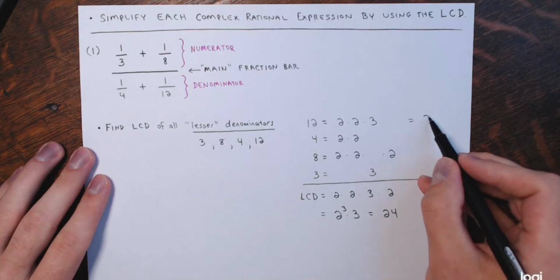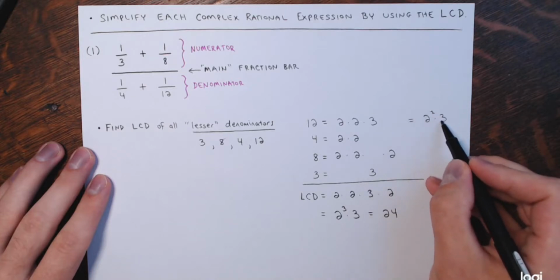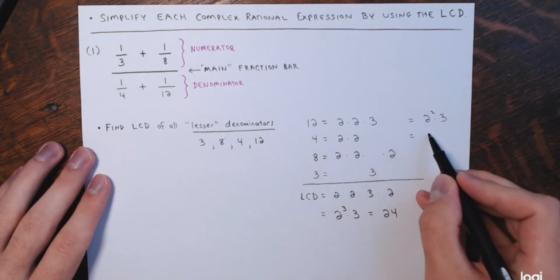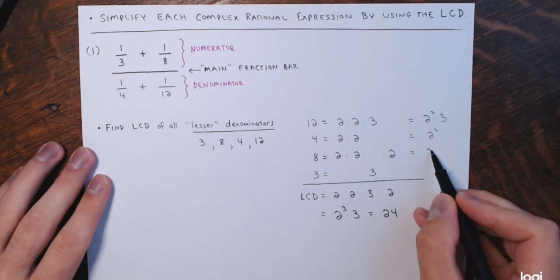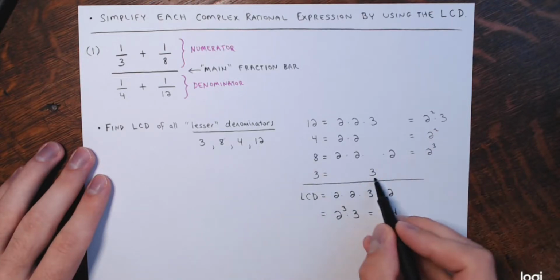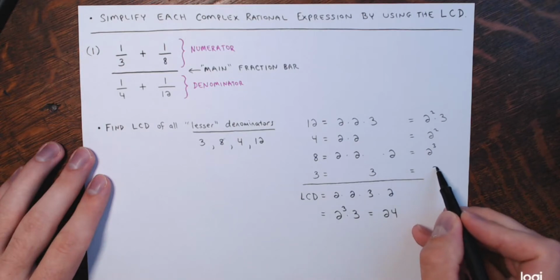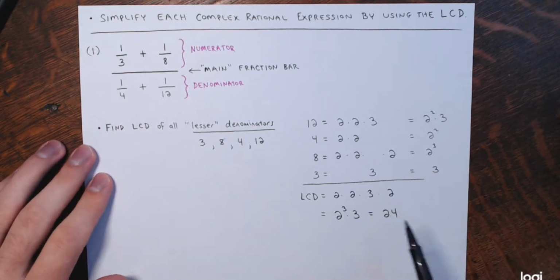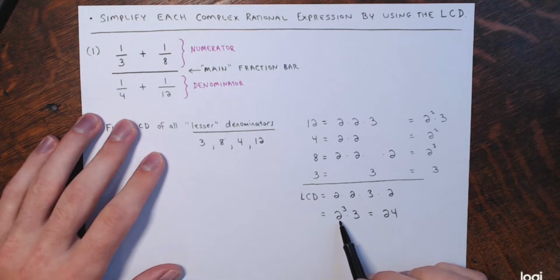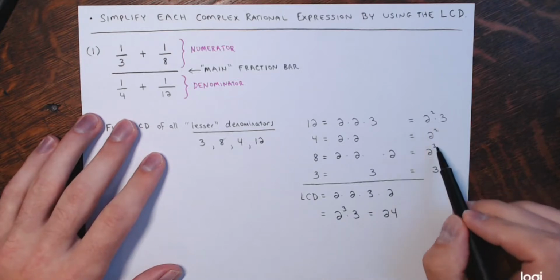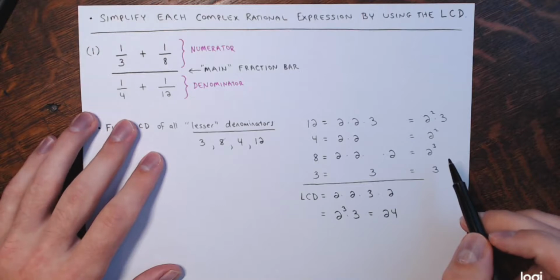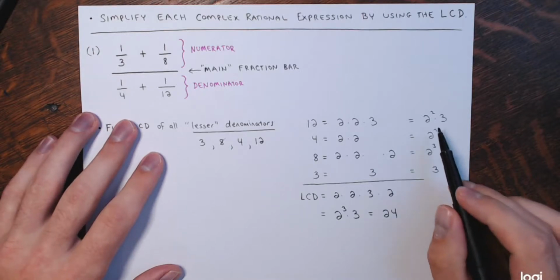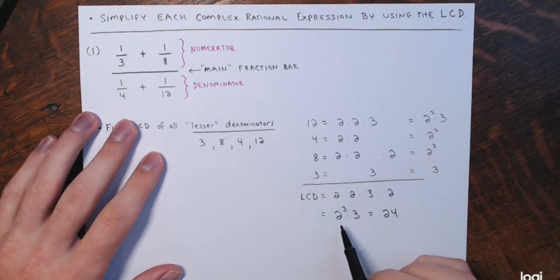Now an alternate method would be to write out with powers. 12 is 2 squared times 3. 4 is 2 squared. 8 is 2 to the third. And 3 is 3 to the first. And then the LCD has the factors that show up to whatever the highest power of that factor is. So the only factors that show up here are 2's and 3's, right?